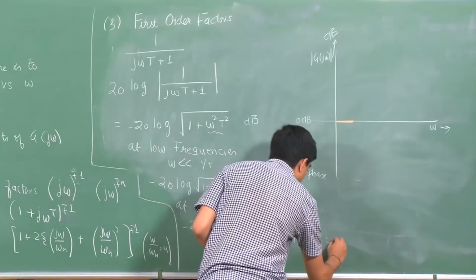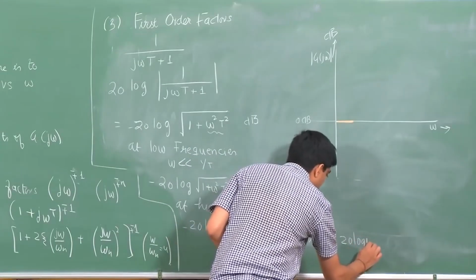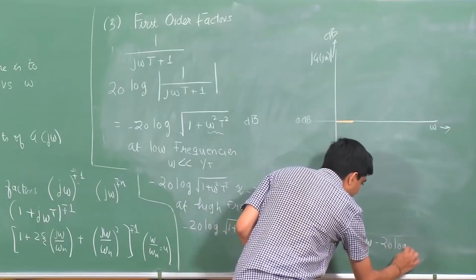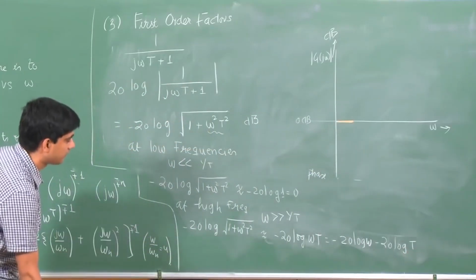This is minus 20 log omega minus 20 log of T. Okay.